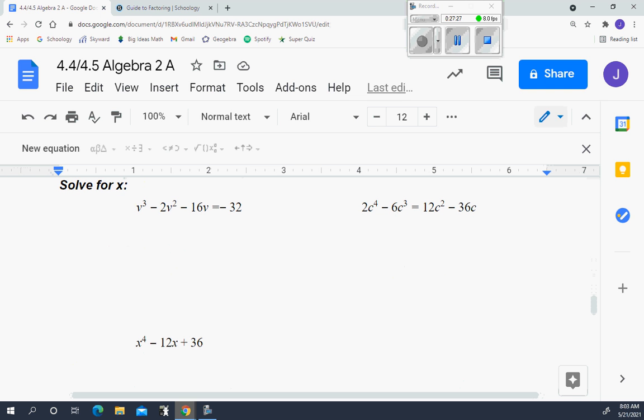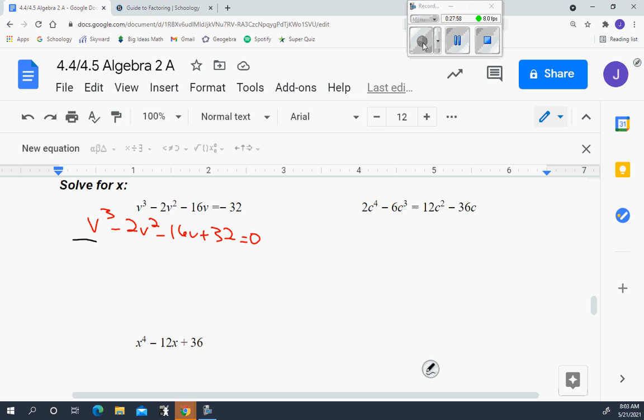And next one. Next one, solve for x. I have an equation that's not equal to 0. I'm going to change it quickly. I'm going to say v cubed minus 2v squared minus 16v plus 32 equals 0. I'm going to look for common factors. There's no number in front of v cubed, so I can't take out a number.